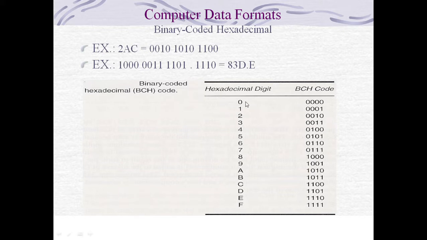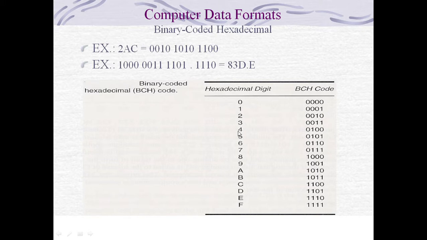For example, when 0 is converted to binary, you would get just 0. Just write 3 other zeros on the left hand side to make this number a 4-bit number. And if 4 is converted to binary, then we would get 100. So just write 0 on the left hand side of this number. So 0100 is the binary code for hexadecimal digit 4.